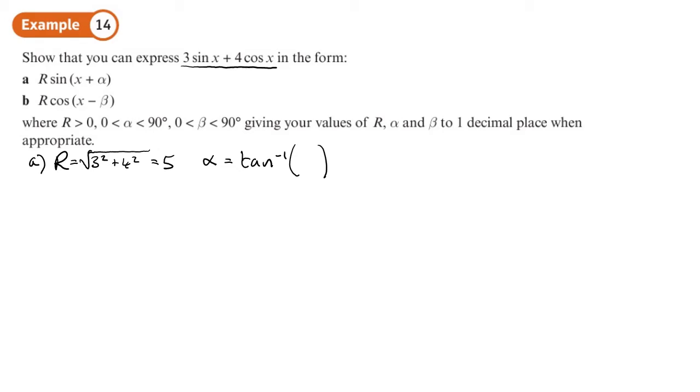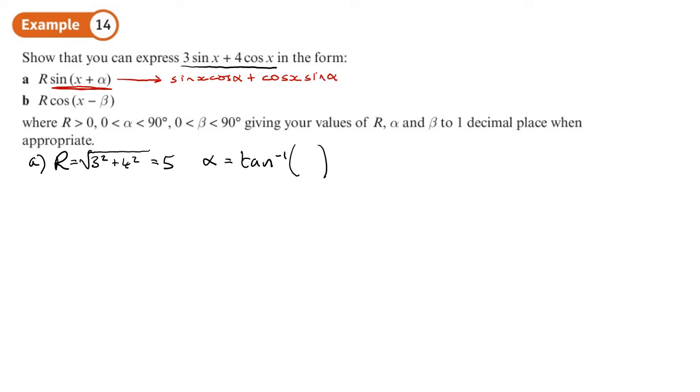Now how do we decide? This is where the addition formula for sine helps. Now if we look at this bit, imagine the addition formula and we expanded that. What would that look like? It would look like this: sine x cos alpha plus cos x sine alpha.